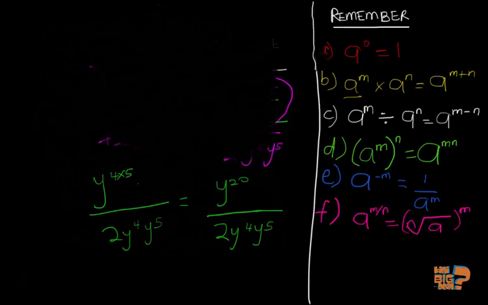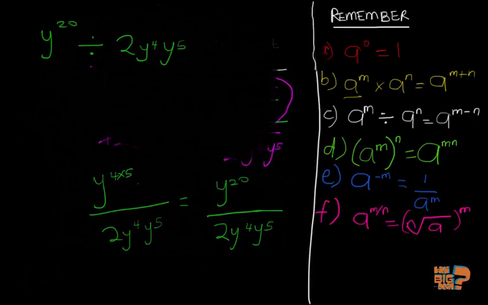Y raised to power 20 over 2y raised to power 4, then y raised to power 5, is the same thing as saying y raised to power 20 divided by 2y to the 4, then y to the 5th power.